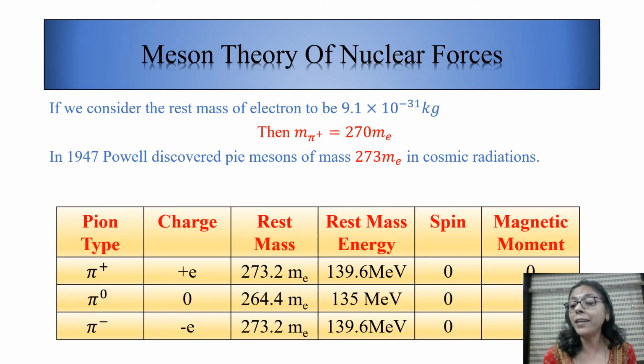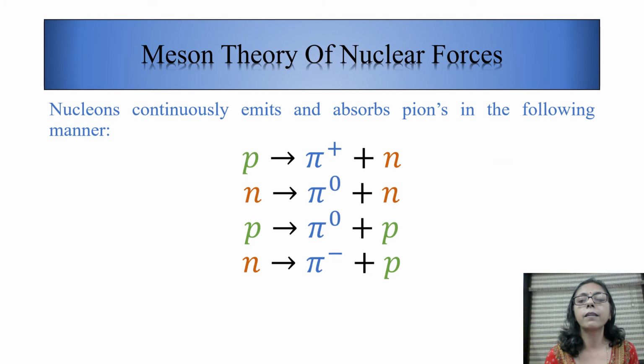But for the coming discussion, I would say the spin of pion is very, very important. Let us move forward. This is the different interactions between the pions that I have presented. You can just go through it.